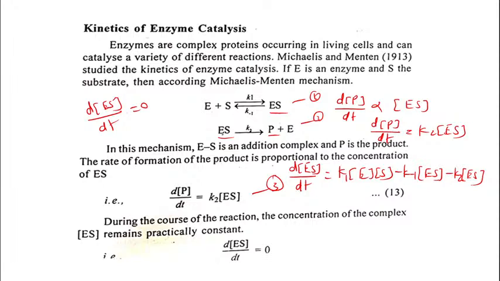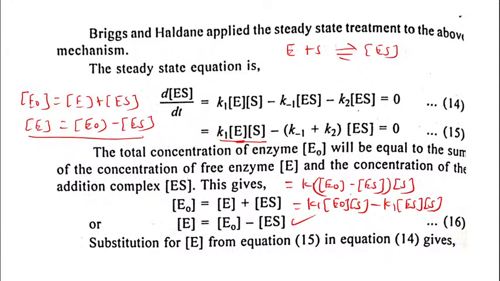Once again you have to see the kinetics of enzyme catalyzed reaction, how we derive the equation. Just overlook the equation here. We find out the concentration of the ES.